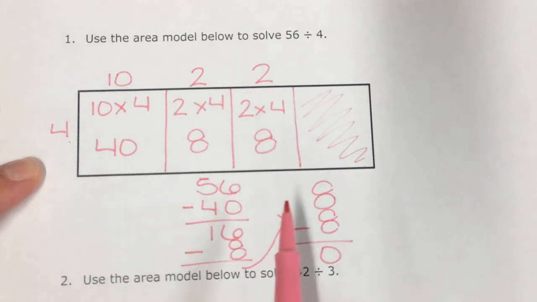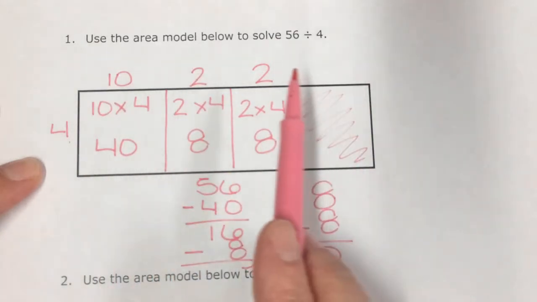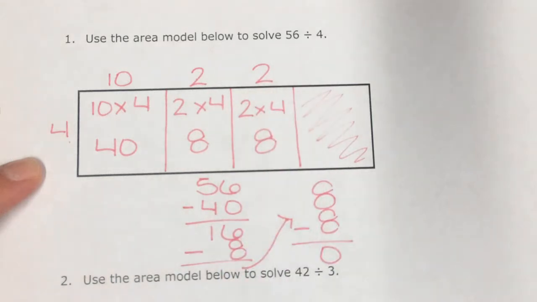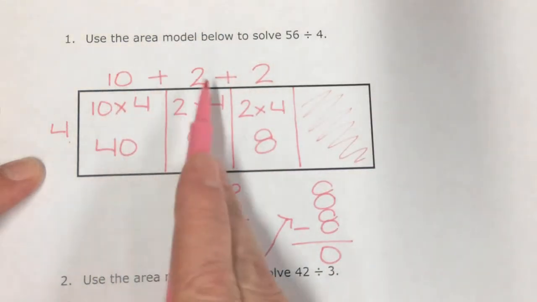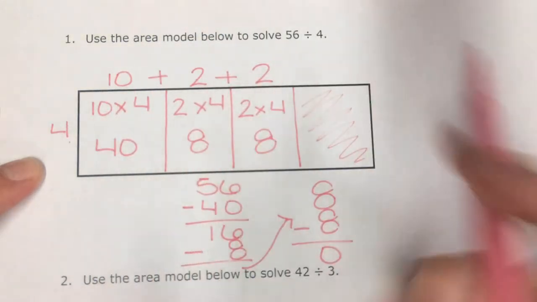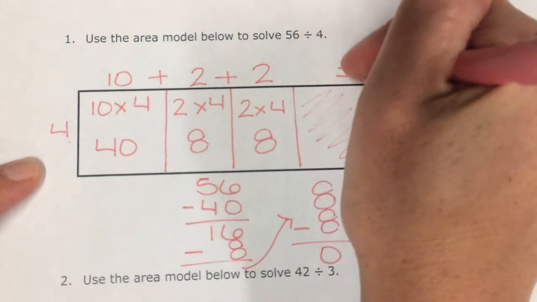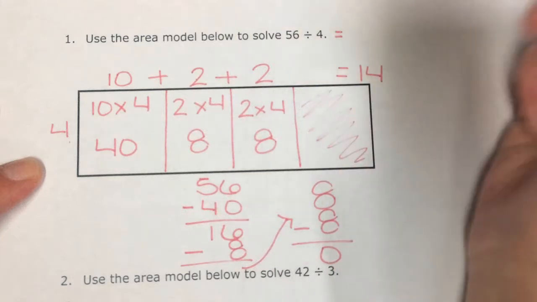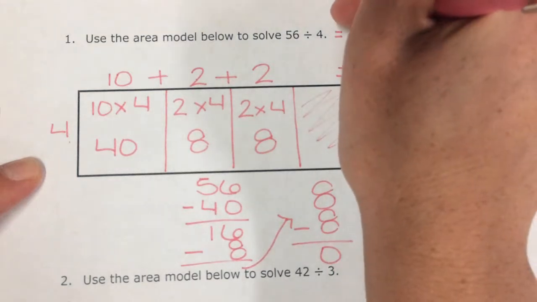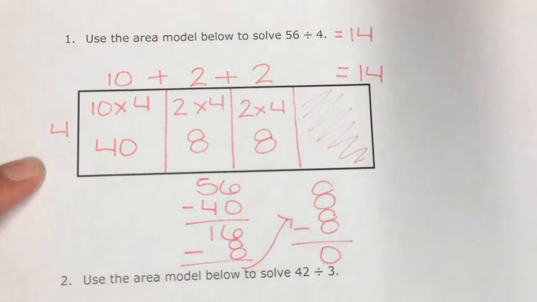Now, what I've done is I've put in part of my quotient, another part of my quotient, another part of my quotient. So what I need to do is I actually need to add those. 10 plus 2 is 12, plus 2 is 14. So I could say that 56 divided by 4 is 14.